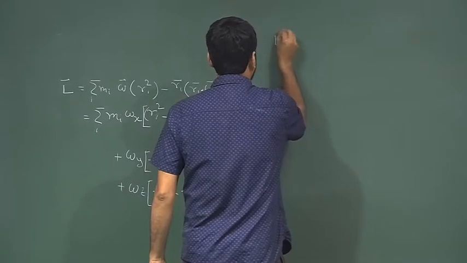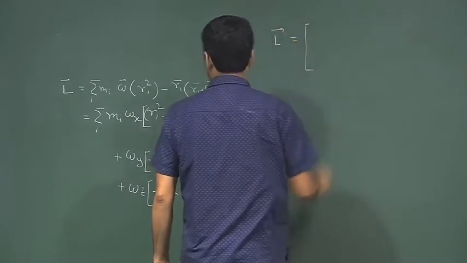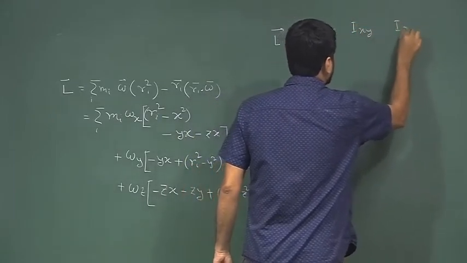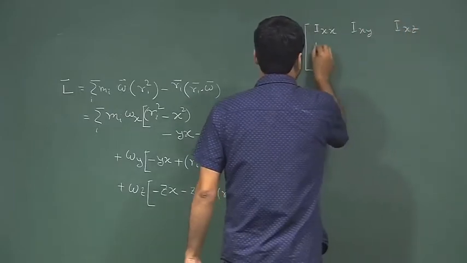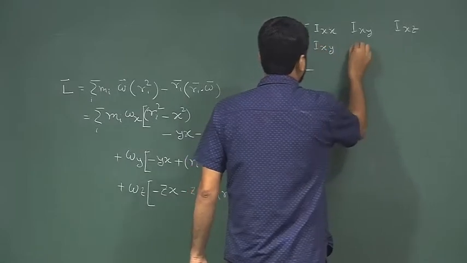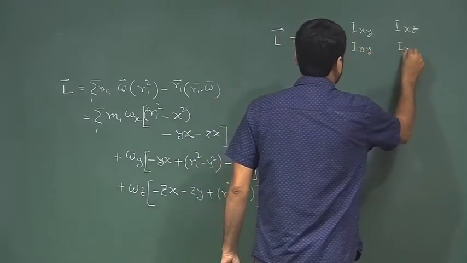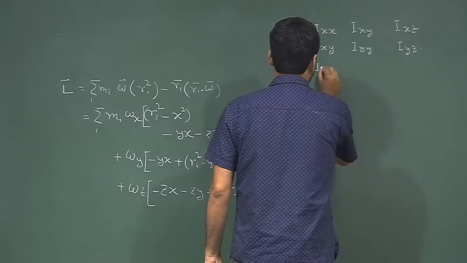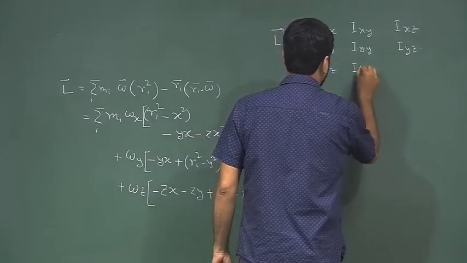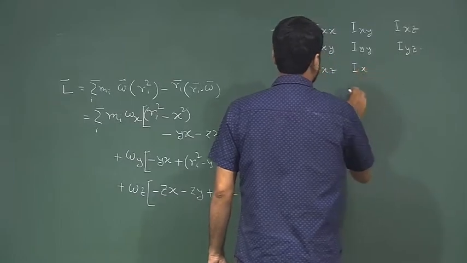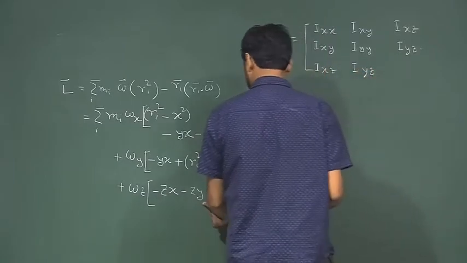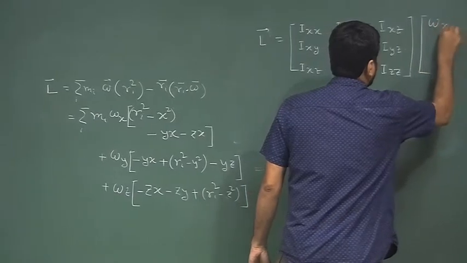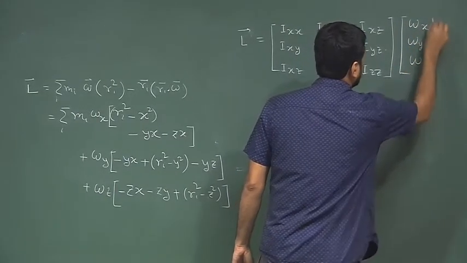So, we have an equation in L. We can write I xx, I xy, I xz, I xy, I yy, I yz, and I xz, I yz, I zz, and omega x, omega y, omega z.